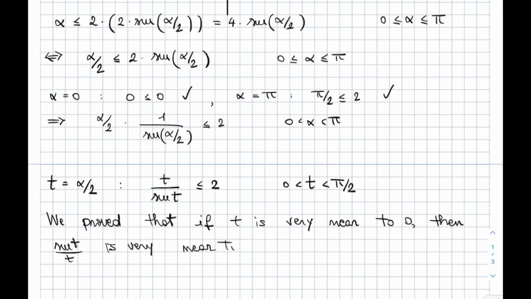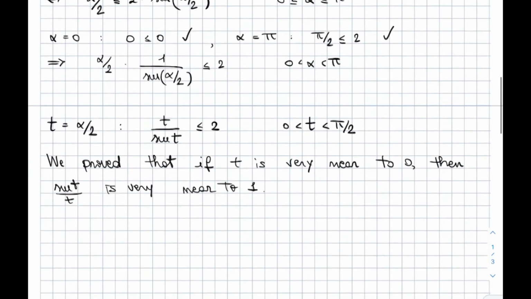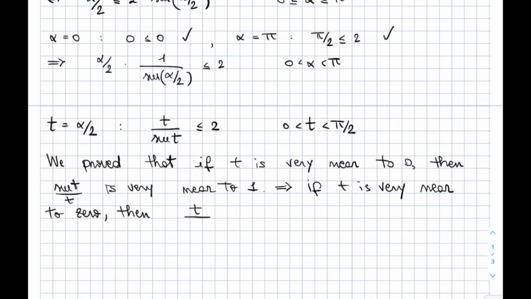Which means that it is also true that if t is very near to 0, then t divided by sine t is very near to 1.